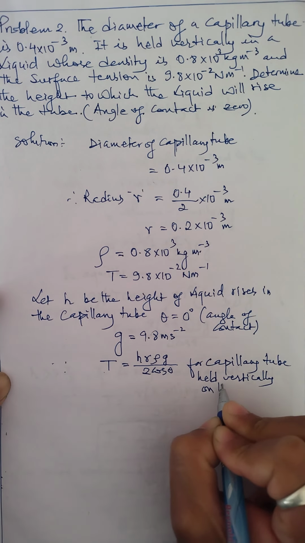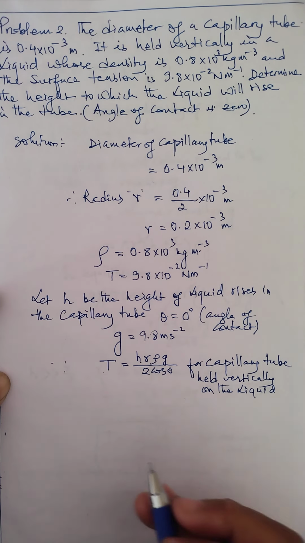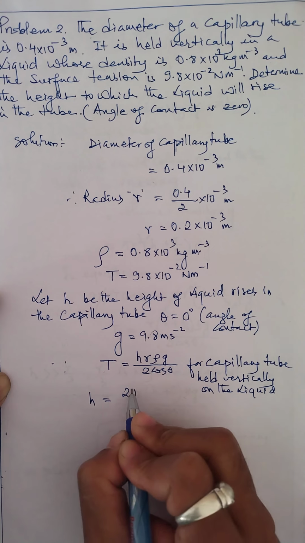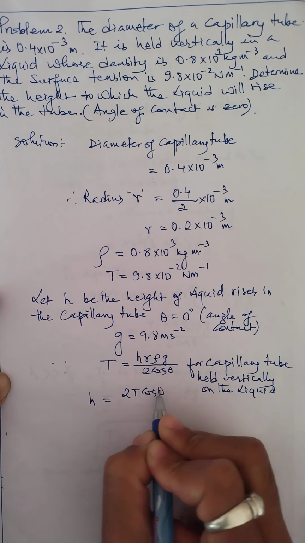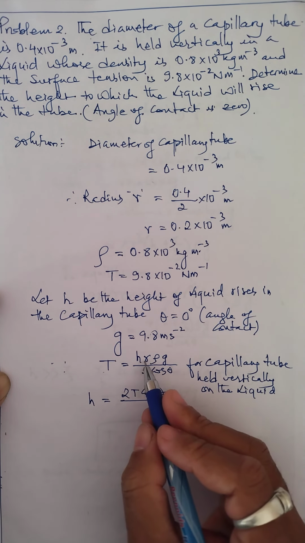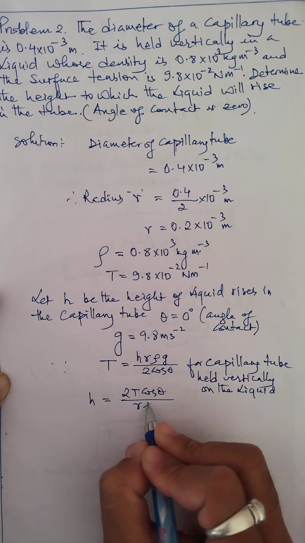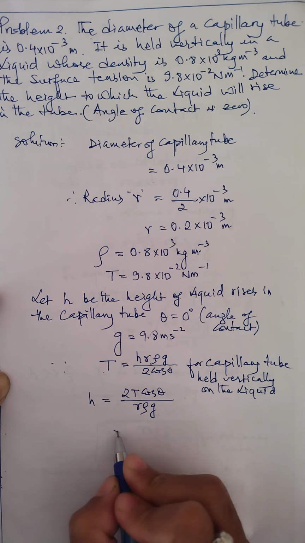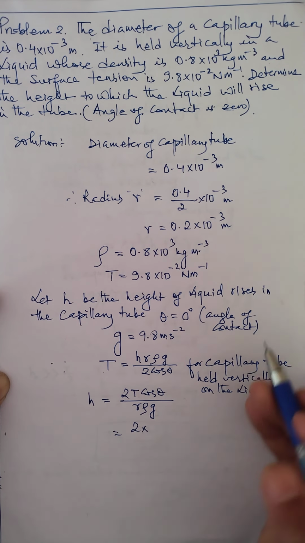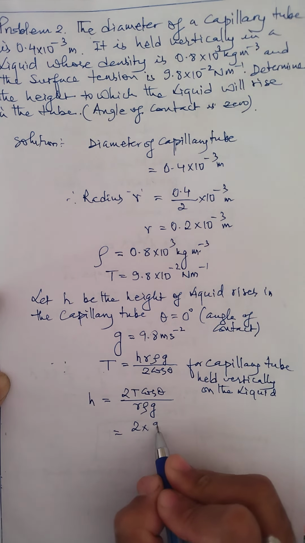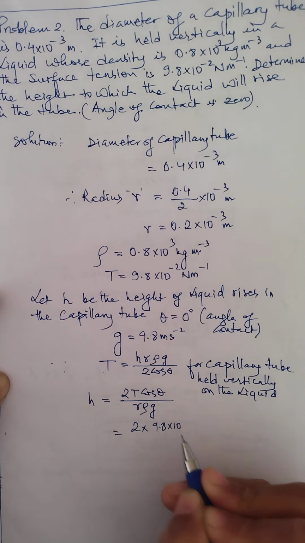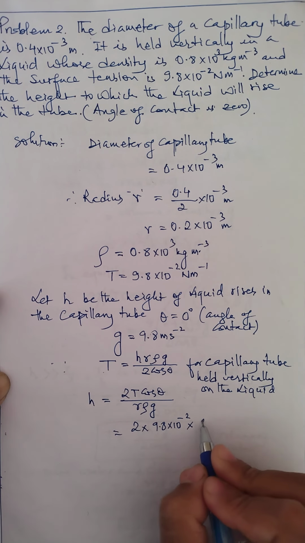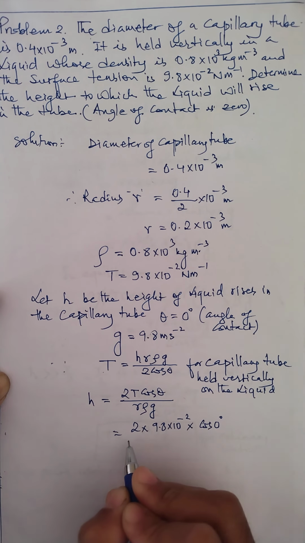Now if T equals h r rho g by 2 cos theta, then I'll make h the subject. So h equals 2T cos theta by r rho g; this r rho g will go in the denominator. Now let's substitute the values. 2 into T, the surface tension, 9.8 into 10 to the power minus 2, into cos theta, where theta is 0 degree, again the angle of contact.